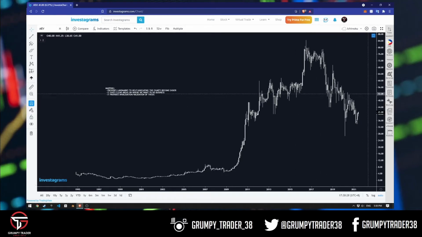Okay? Why sa monthly? I just want a big picture lang kung ano yung itsura ng chart overall. Okay? Kung uptrend ba siya, downtrend ba siya, sa bigger picture. It just makes it easier for me personally once I go down to lower time frames para hindi ko nalilimutan yung overall bias or hinahanap ko.